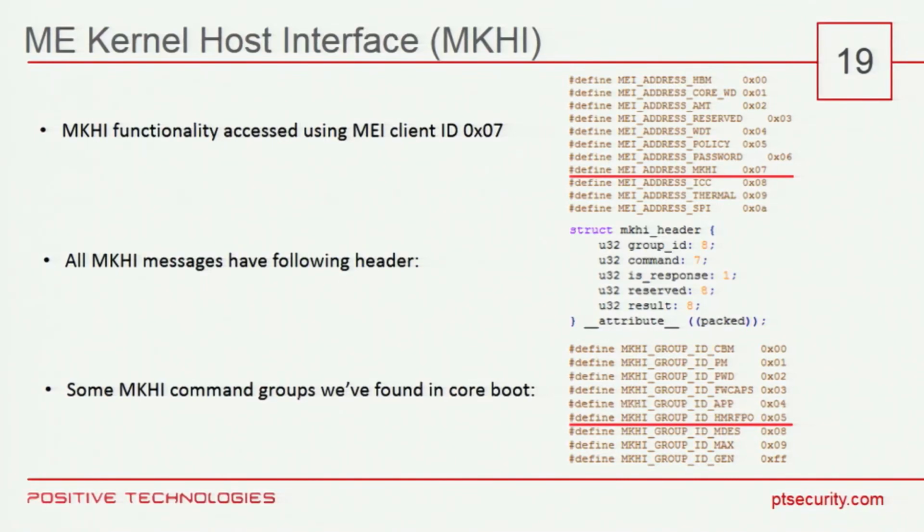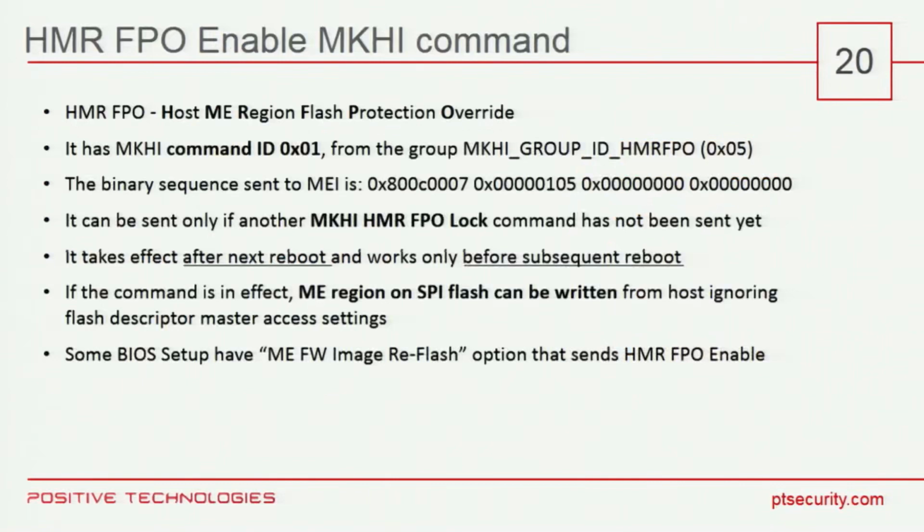The commands are split into certain groups, and the first group of commands that we need is here. Host ME region flash protection override. It's the firmware way to rewrite the region on flash.